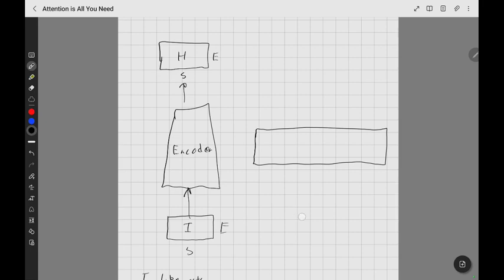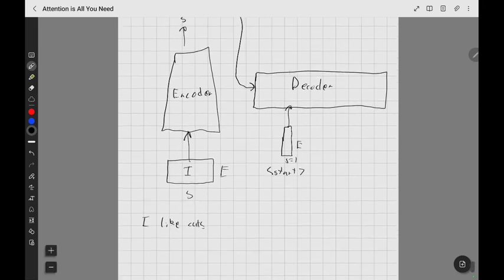So what we do is we start with a token. We start with the start token. And so now our sequence is a 1 by E sequence. So it's S by E, and S is equal to 1. And we feed that through the decoder. And then we also feed the hidden embeddings, which encode I like cats, into the decoder.